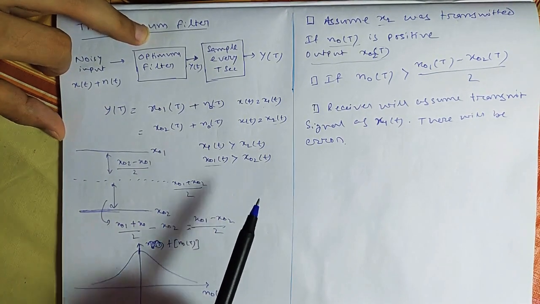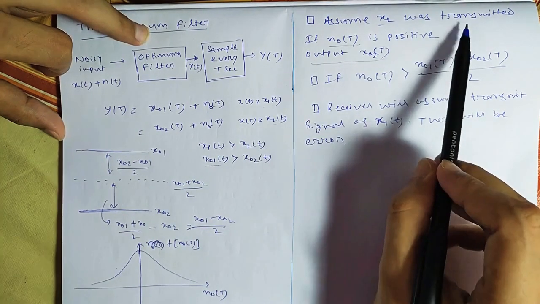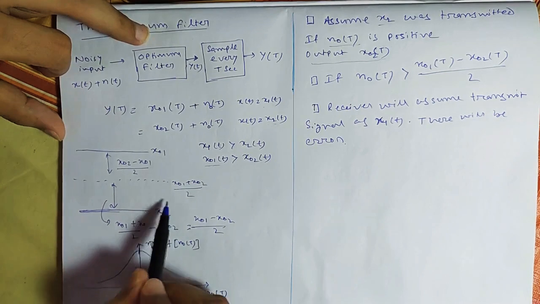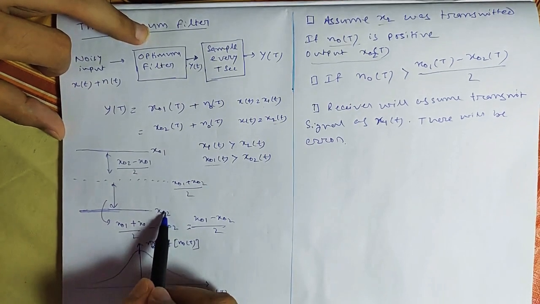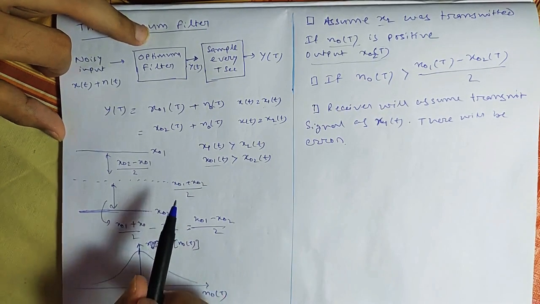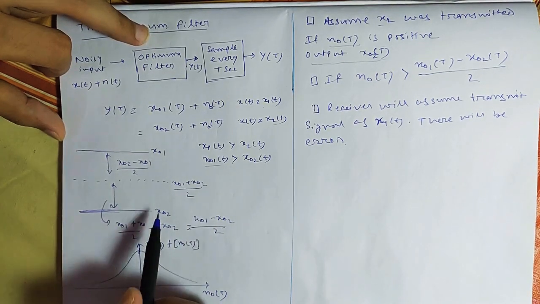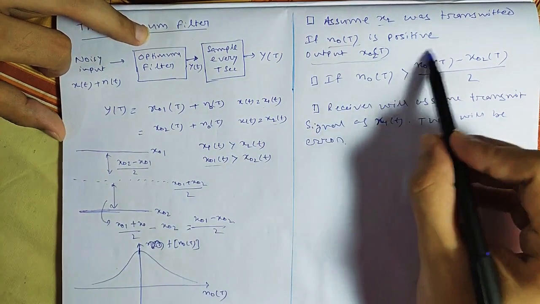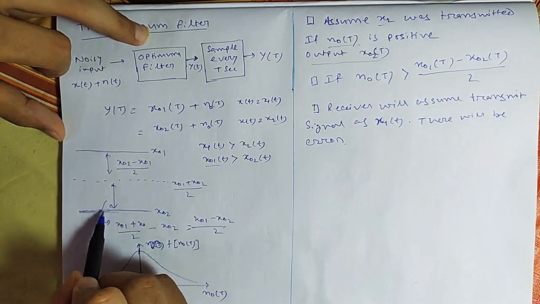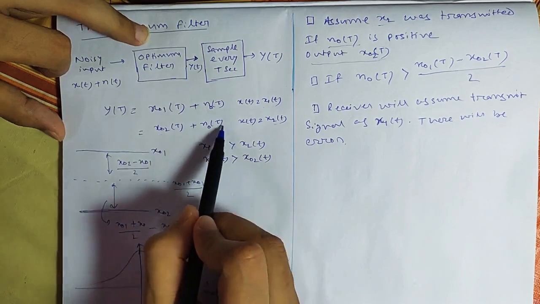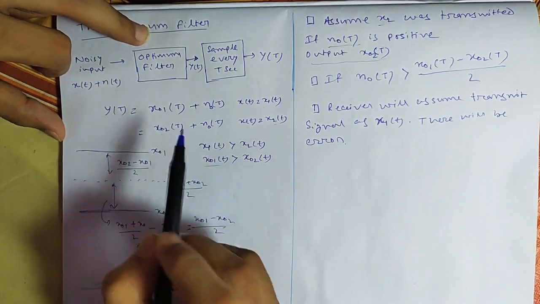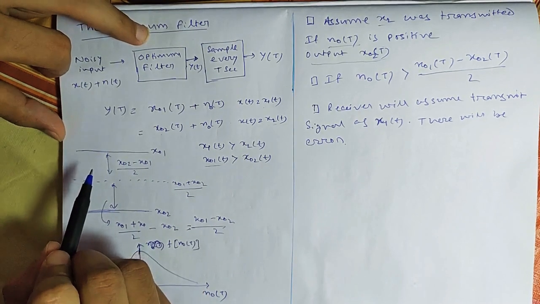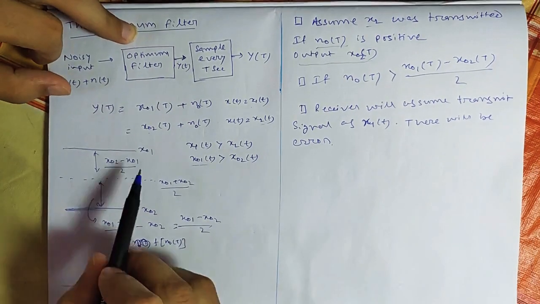In this case, x2 was transmitted. Without noise, the filter output will be x02. Now if noise is added, then x02 plus n0(t), and n0(t) is greater than this difference, so the summation x02 plus n0(t) will be in this upper region, and the receiver will decide in favor of x1(t).